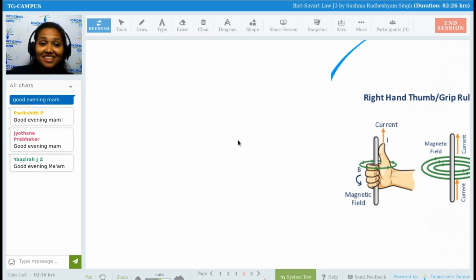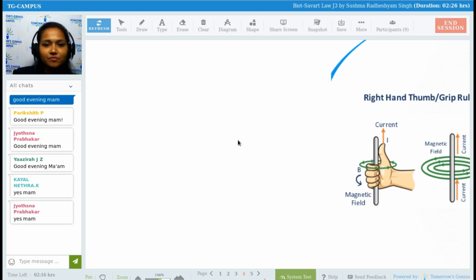Because if I'm not wrong, you learned the right hand thumb rule and Fleming's rule in your lower classes, right? Kyle, Josna, Maya, Parikshit, what is the right hand thumb rule, my dear students?